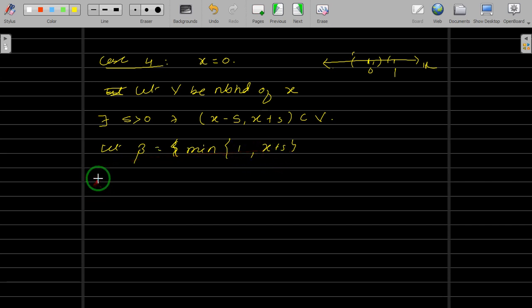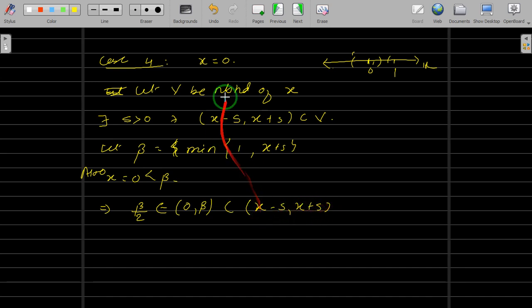Also x, which equals 0, is less than beta. This implies if you take beta by 2, the point will be in the open interval (0, beta), and the open interval (0, beta) will lie inside (x minus s, x plus s).